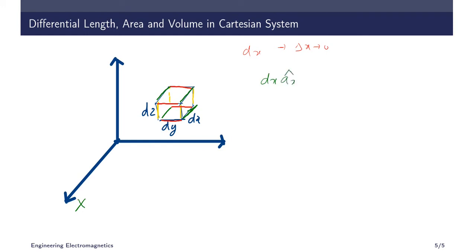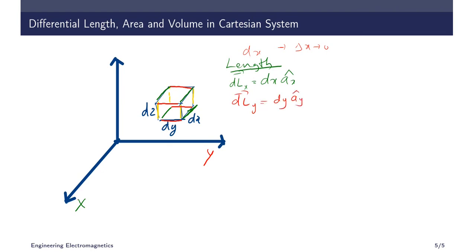So dl along the x-axis is represented as dx ax cap. This is what we are discussing about length. Whatever is represented in red color, which is in the direction of the y-axis, vector dl along the y-axis is dy with the unit vector ay cap.